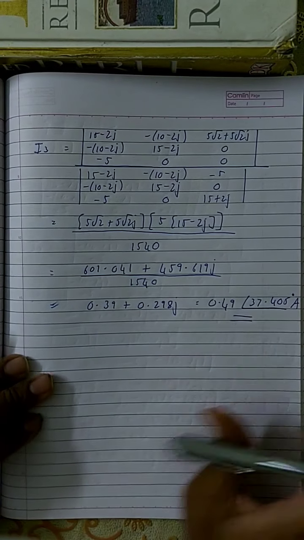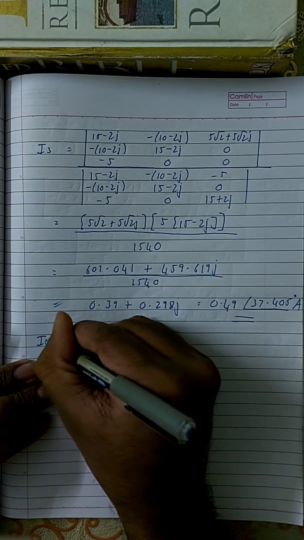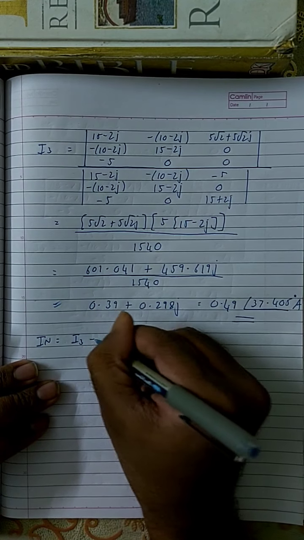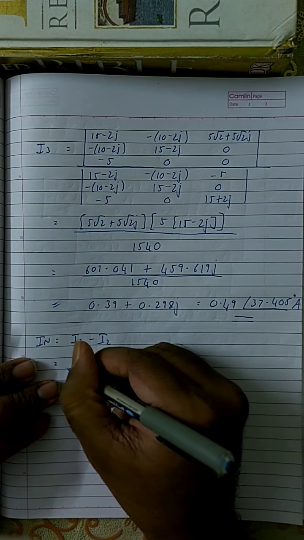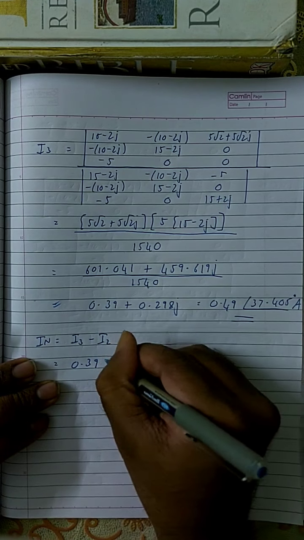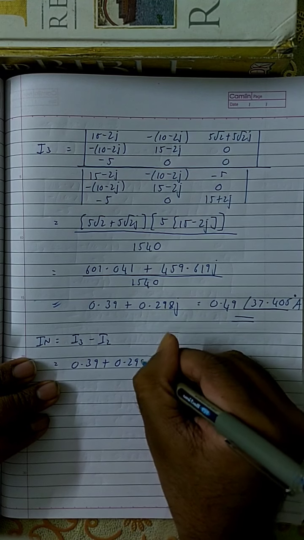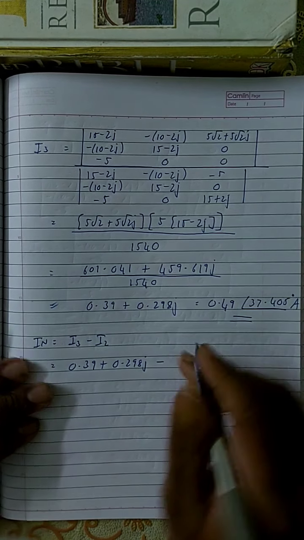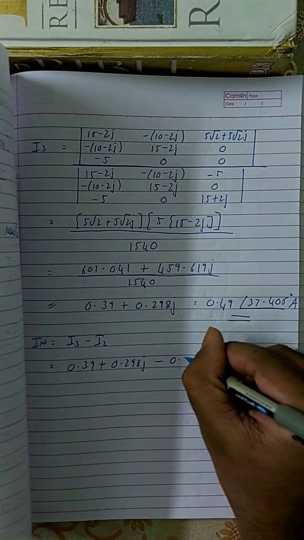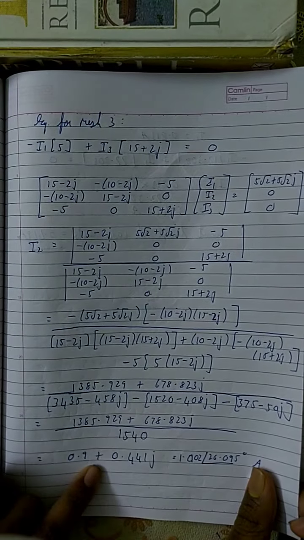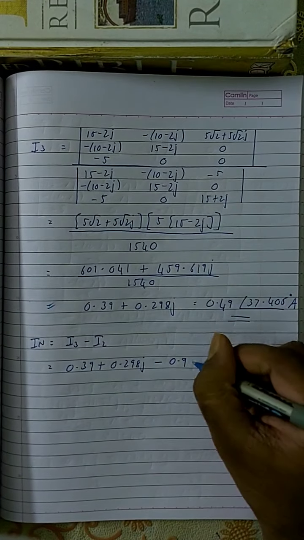Now I can say that IN is equal to I3 minus I2. I3 is 0.39 plus 0.298j minus, and what is the value of I2? I2 is 0.9 minus 0.441j.